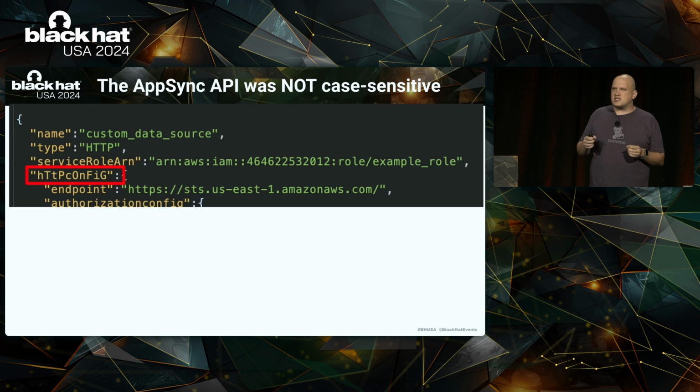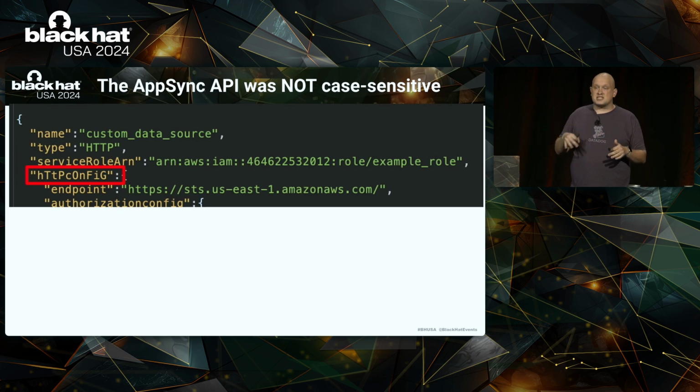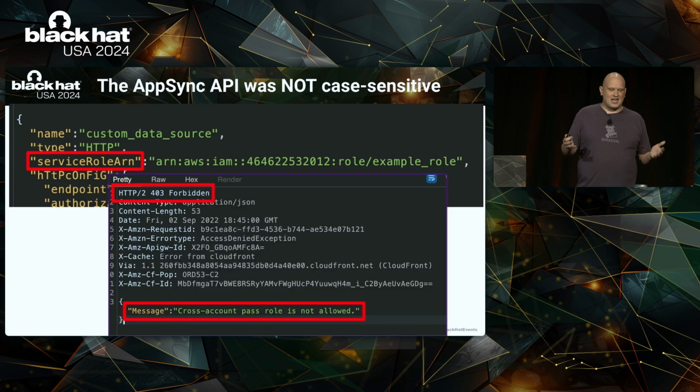While this may seem like a somewhat obvious thing to point out, the reason this mattered is that by comparison, the AppSync API was an oddity. It was not case sensitive. We could pass arbitrary parameters of mixed case, and it would take it completely normally. Presumably, somewhere on the back end, it was normalizing these values in some way. Now, the parameter you would use to pass a role to the AppSync service was called serviceRoleArn, capital R, capital A. If you try to pass a role outside of your account, well, again, cross-account pass role is not allowed.